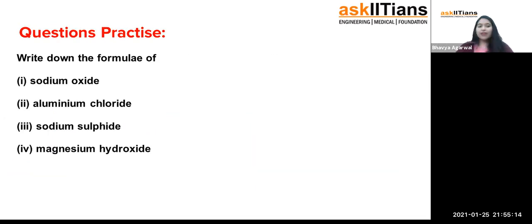So let's see some questions for your practice. In this question, you have to talk about the formulas of sodium oxide. You have to jot down these formulas: aluminium chloride, sodium sulfide, magnesium hydroxide. For these elements like aluminium or magnesium, whose valencies you do not know, you can refer to your book to just know their valencies.